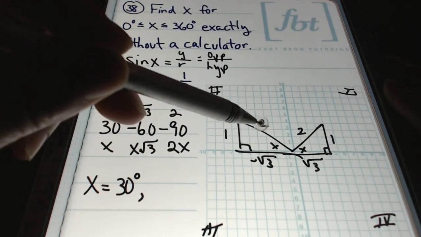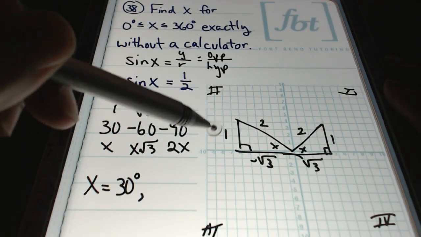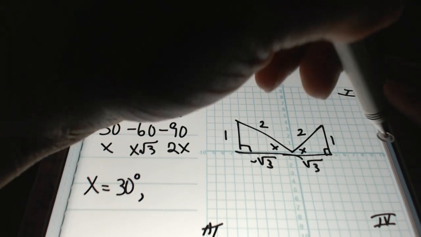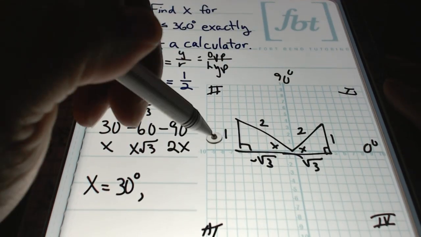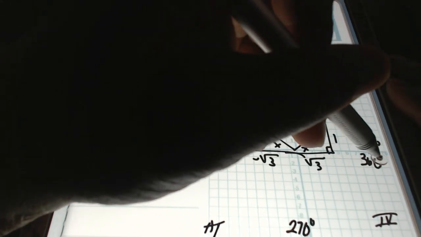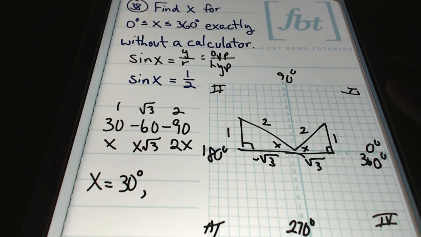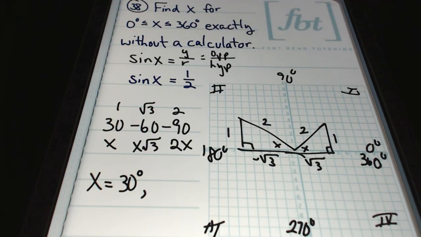Well, 30 degrees, remember, is opposite that 1. So 30 degrees off of the 180 degrees. Remember that this is 0 degrees on the circle, this would be 90 degrees, this would be 180 degrees, and this would be 270 degrees. And we would also come back here for 360 degrees. So if you're looking at the rectangular coordinate system as a circle, this is where the angle measurements will line up.